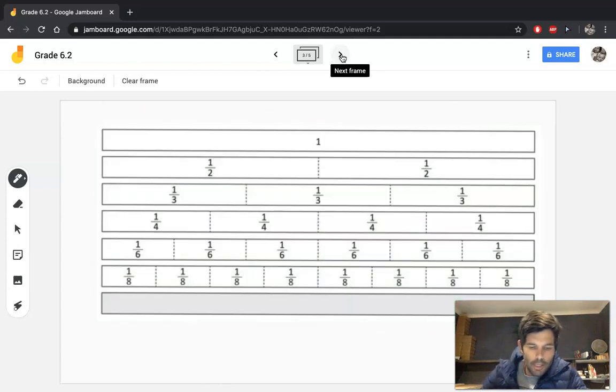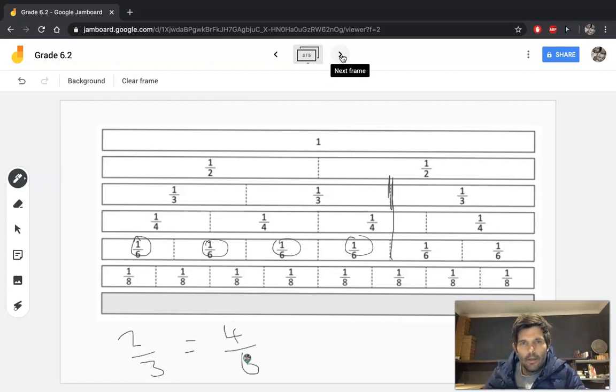You can see that 2/3 is going to be this line over here. As I go down, the other one that's in line with it is 1, 2, 3, 4/6. So we know that 2/3 is equivalent to 4/6.